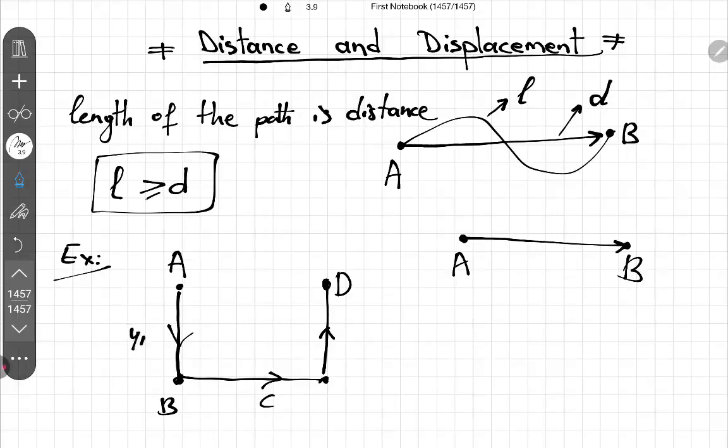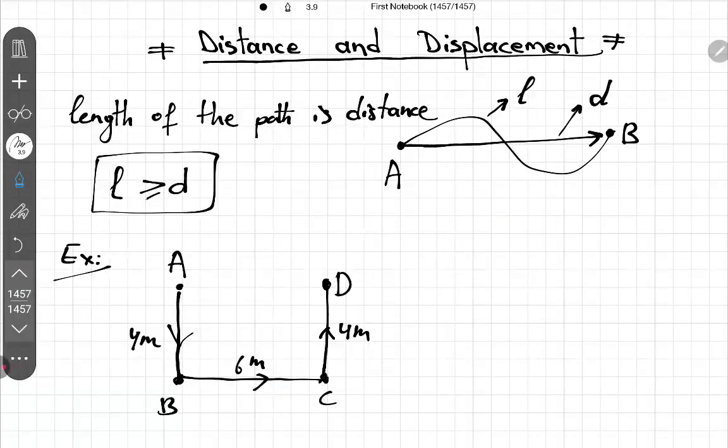For example, here we have 4 meters, here is 6 meters, and this one is also 4 meters. For this exercise, let's calculate the distance and the displacement. What is the distance in this case while the car moves from A to the point D? So this one is C, yes, and the final one is D.